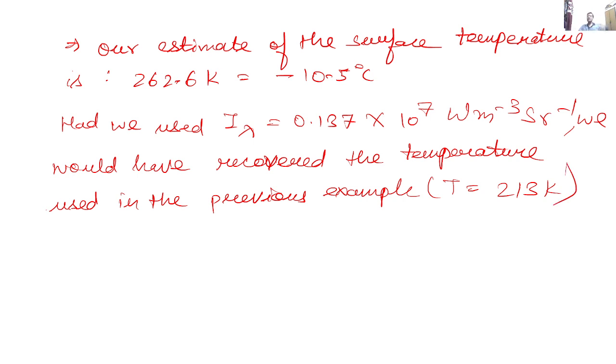Okay, so you need to put a more accurate estimation of the radiance to get into it. So what did we do? Rather than that, we chose a higher radiance, and that higher radiance resulted in a higher brightness temperature. Okay, the higher brightness temperature in our case came out to be minus 10.5 degrees Celsius instead of minus 60 degrees Celsius.